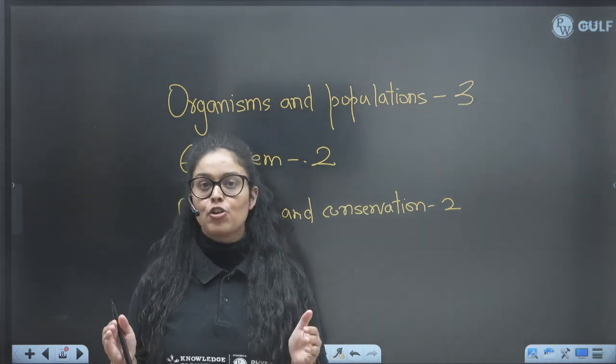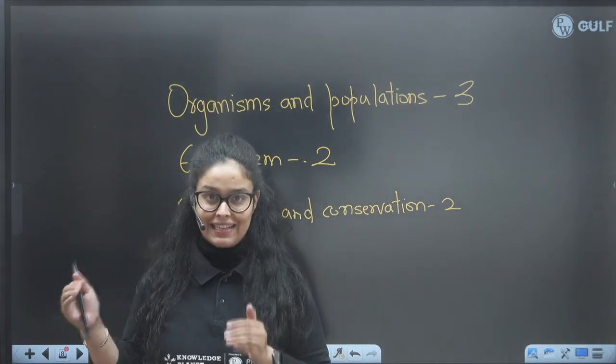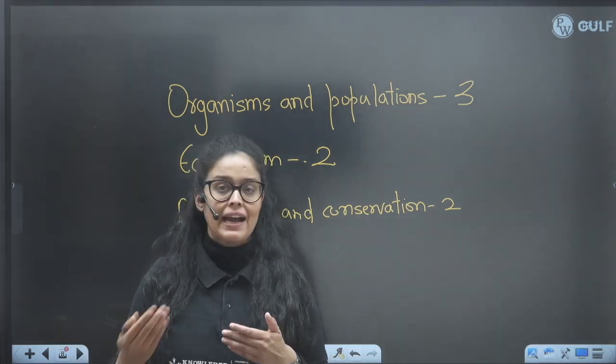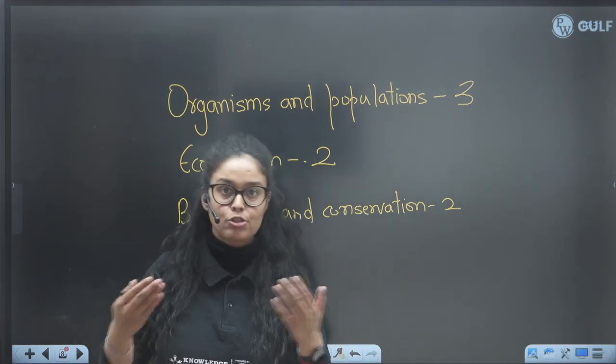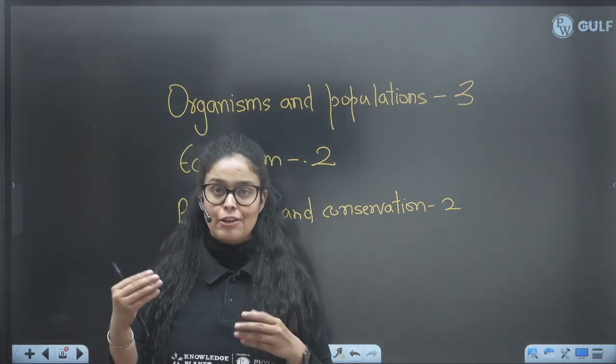Just prepare your revision very nicely. It's December time. It's very high time to start your revision of class 11 and 12 on the basis of priority, on the basis of weightage.